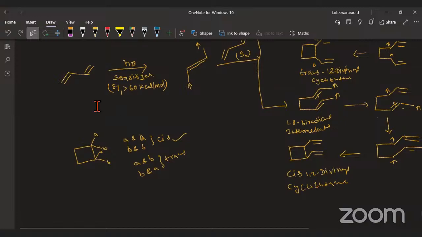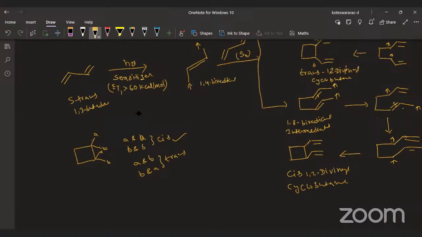These two isomers can be generated only from the S-trans 1,3-butadiene. Once this S-trans butadiene is irradiated with light in the presence of a sensitizer, with triplet state energy transfer above 60 kilocalories, it generates the 1,4-biradical in the triplet state.